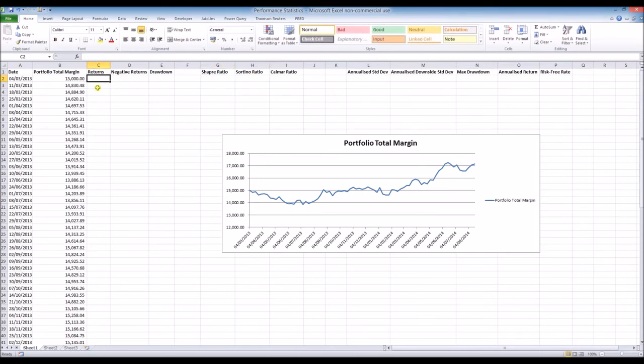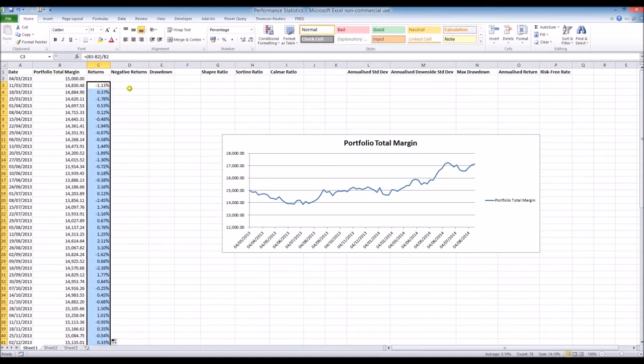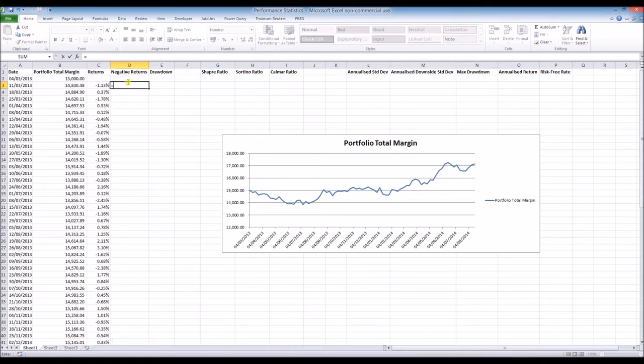So let's start with column C, returns. We just use the standard returns formula that we've used throughout the video series. Copy that down for all our rows. And then to extract just the negative returns within column C, we'll use an IF formula.